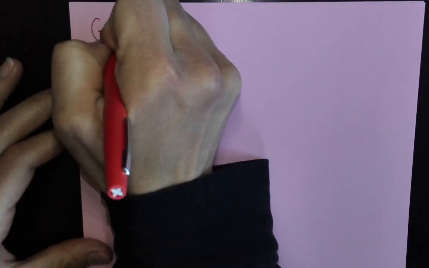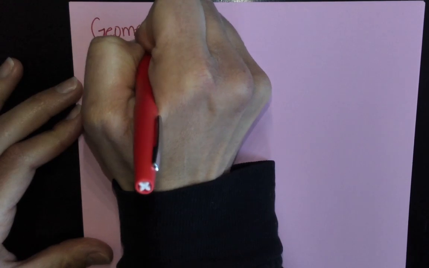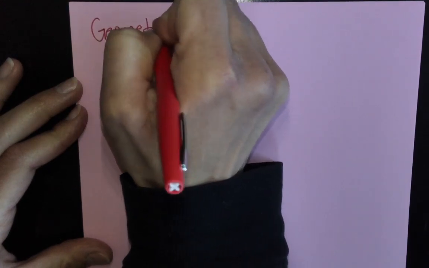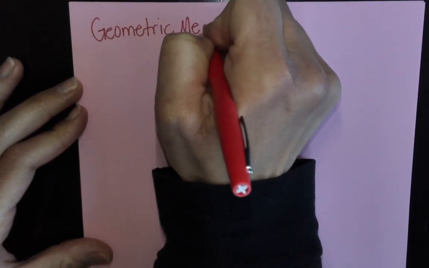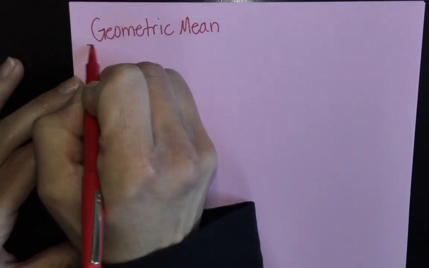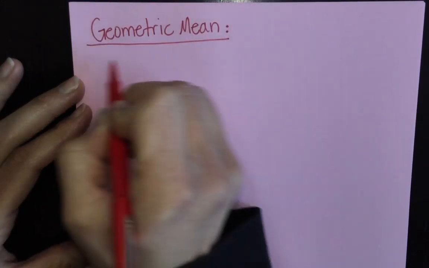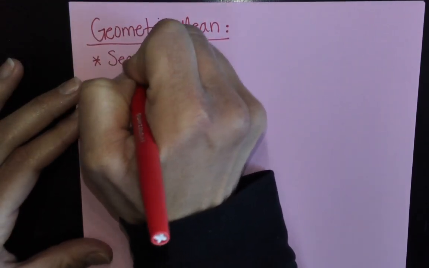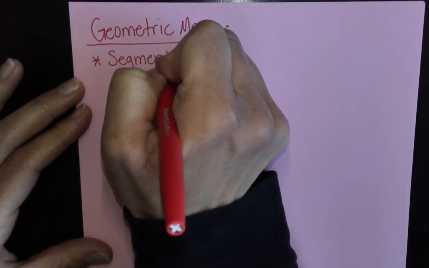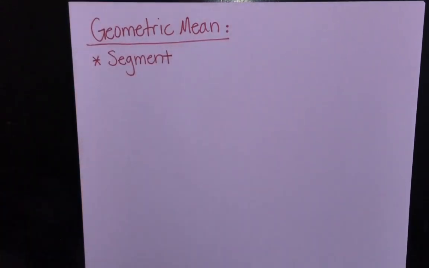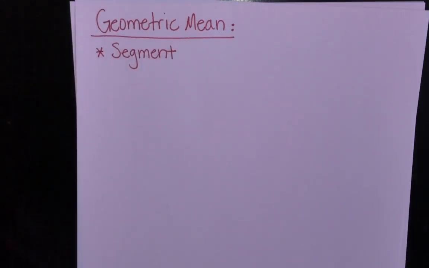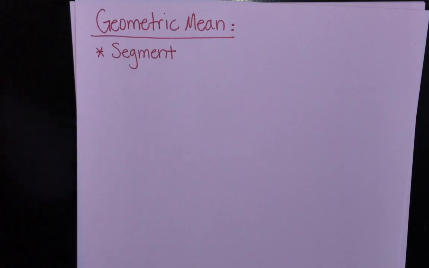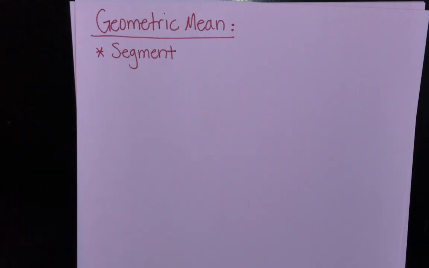So a geometric mean is a segment. So it is a segment, which does mean it's a length.